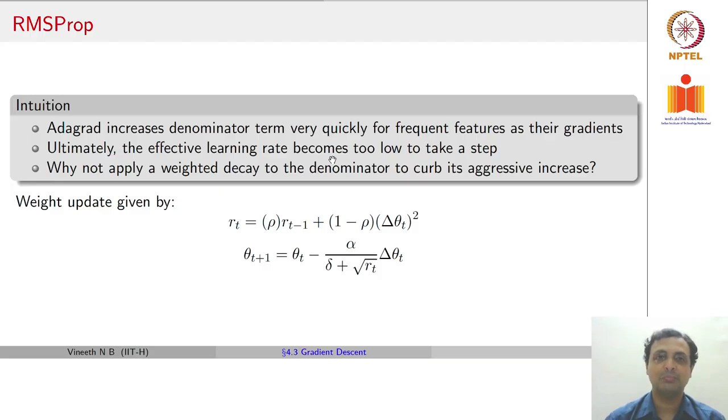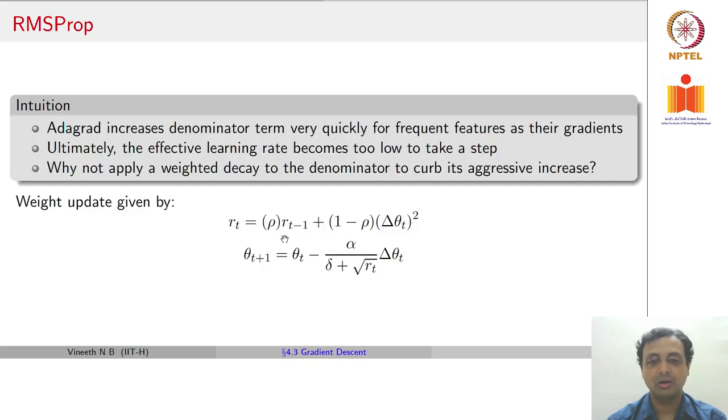RMS prop, which was a method that came along the same time as Adagrad, proposed a slightly different approach to this problem and said, let RT be a convex combination of RT minus 1 and delta theta t whole square. What is a convex combination? Where you have rho times one term plus 1 minus rho times the other term. It's a linear combination where the two coefficients add up to 1.